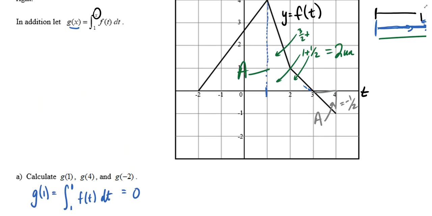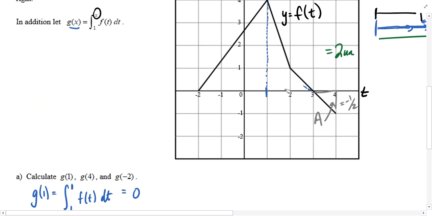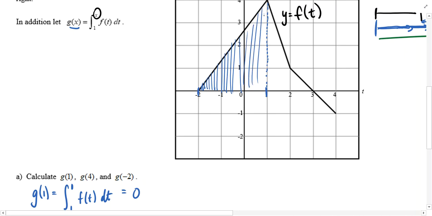Now g evaluated at -2, keep in mind that our accumulated change starts at 1 and now is moving backwards towards -2. So if we're starting at 1 and we move backwards towards -2, think about it this way. If we had started at -2, and this was our, say, rate of travel again, the speed that we're moving, as we're speeding up, moving from left to right, clearly we are moving a further distance from our starting point.